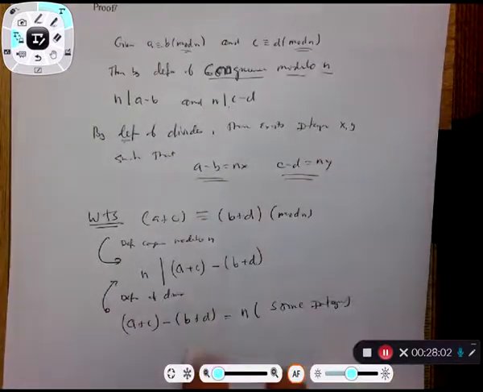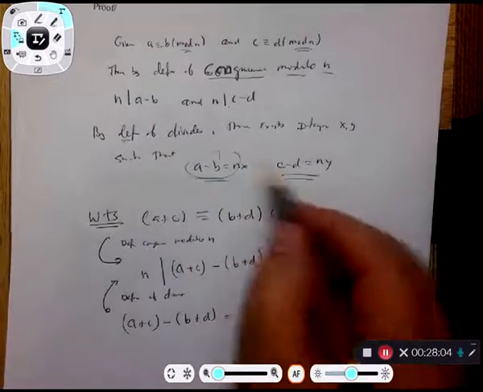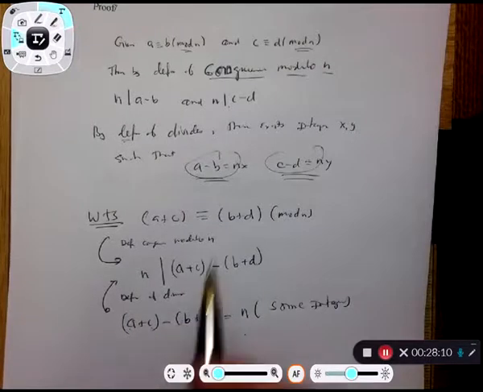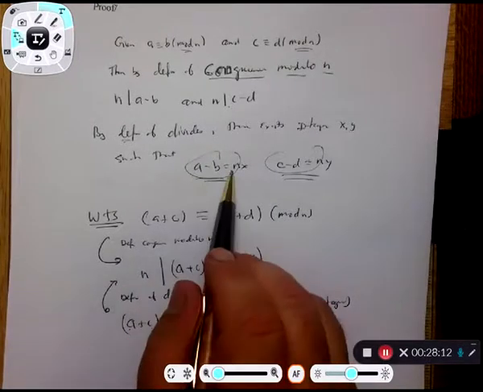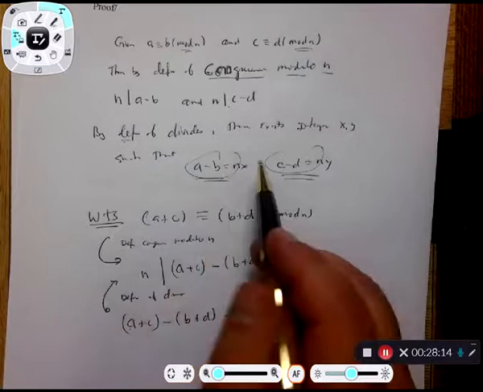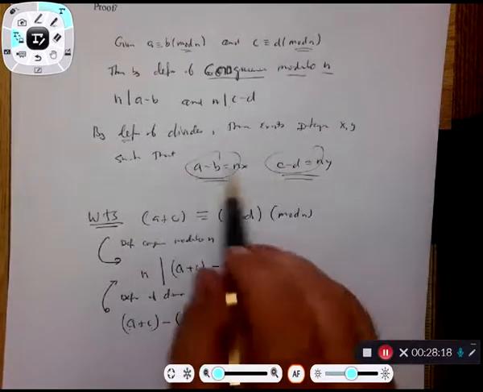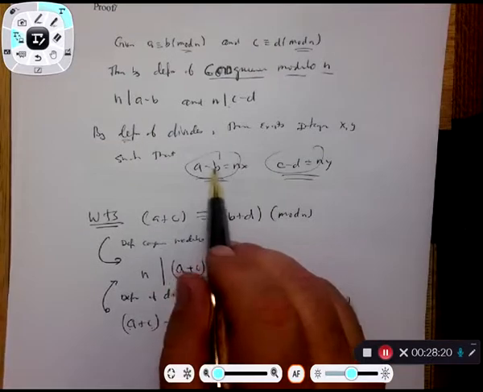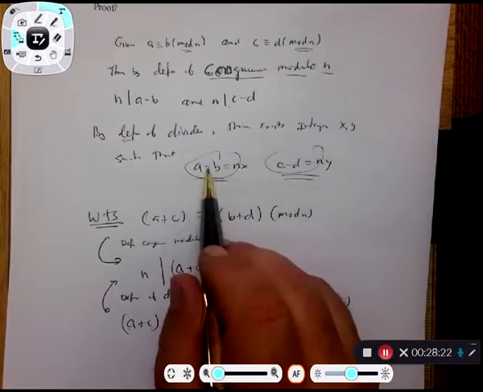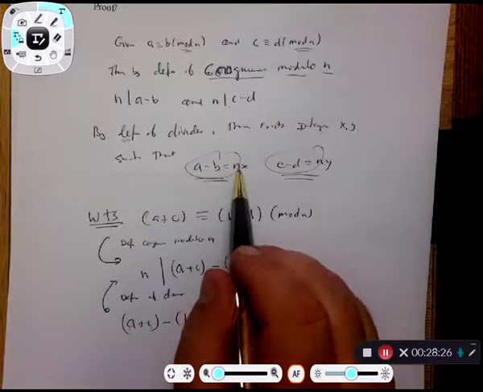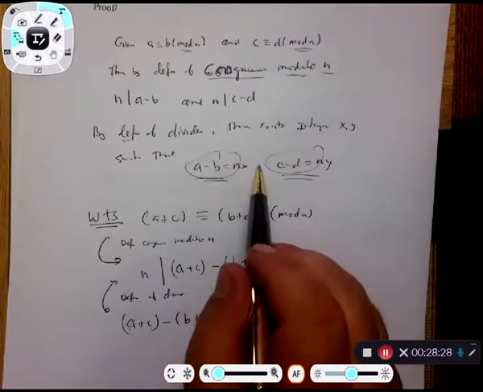So how do I take this guy and actually come up with this? Well, what I really want is A plus C. We're talking about addition. So I could start with this guy and add Ny to both sides, and then replace the Ny with the C minus D, so I get A minus B plus C minus D is equal to Nx plus Ny.